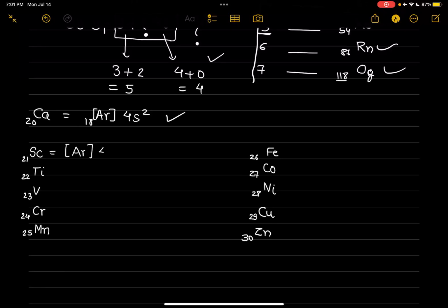Argon, after 4s, 4s squared, 3d? Yeah, 4s, you have 4p. Should I go the normal way, what comes after this, or should I follow the n plus l? Can you repeat? Is it correct?